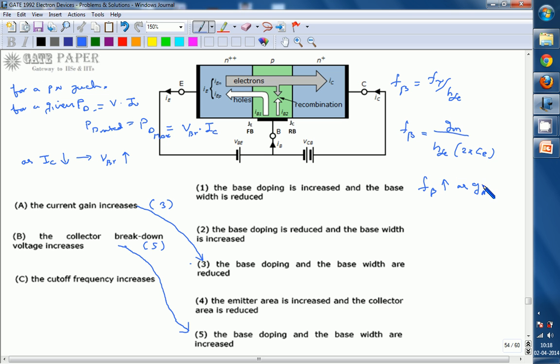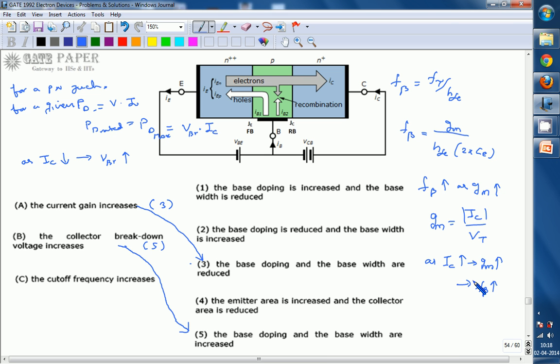as GM increases. GM can be calculated by using the equation GM equals IC by VT. So as IC increases, GM increases, and GM increasing is nothing but F beta increasing. So cutoff frequency increases as transconductance increases, and transconductance increases as collector current increases.